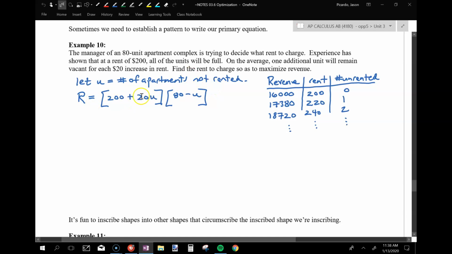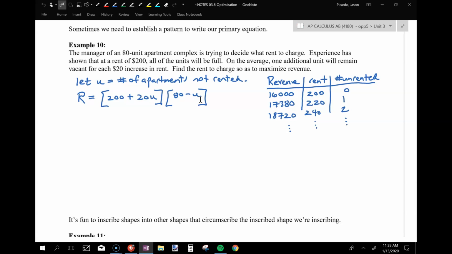So what did I do? I said we're going to start at 200 and we're going to increase the rent by $20 for every unrented apartment. And then we're going to multiply it by 80 minus U, because if U represents the number of unrented apartments, then 80 minus U represents the number of rented apartments.